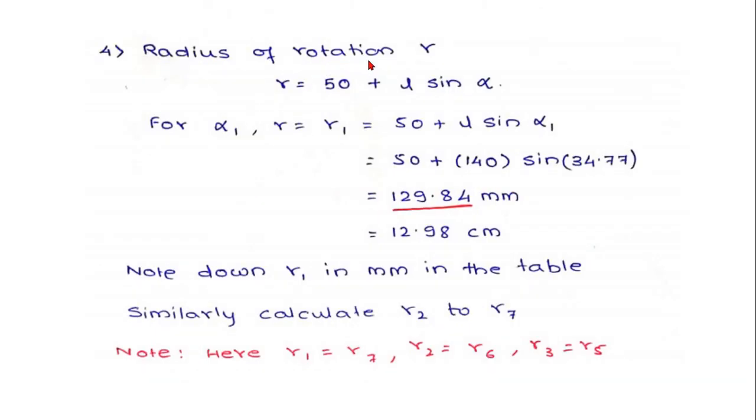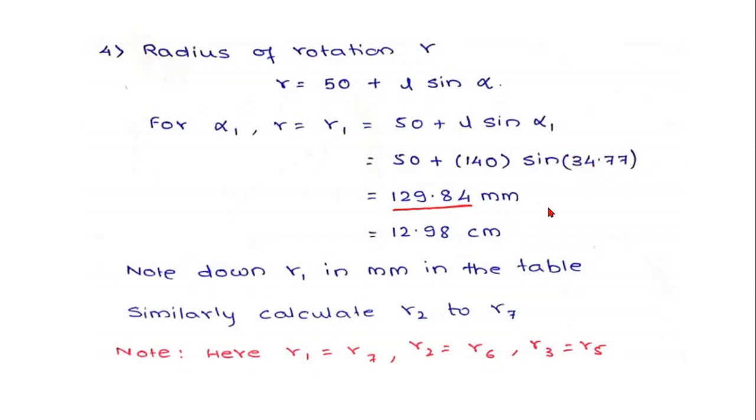So the radius of rotation r is given as r is equal to 50 plus L into sine alpha. So for alpha 1, r we denote it as r1, so that comes as 50 plus L into sine alpha 1. So L is constant, this comes to 140, and alpha 1 we have already calculated it as 34.77.